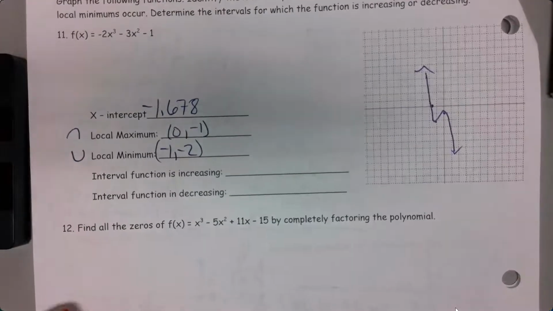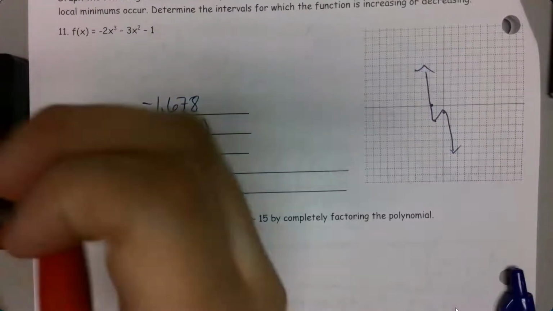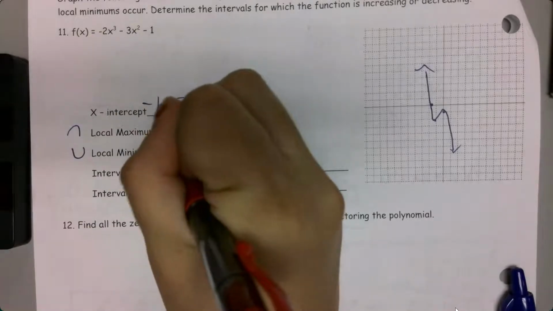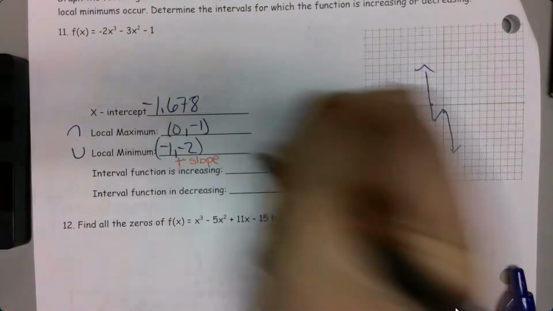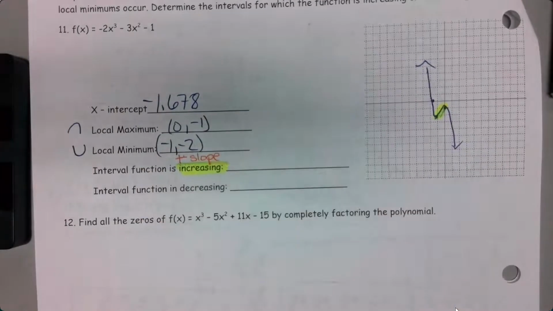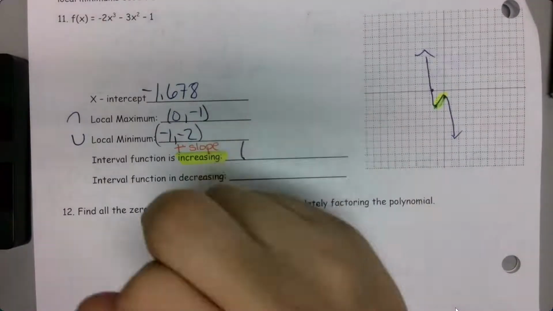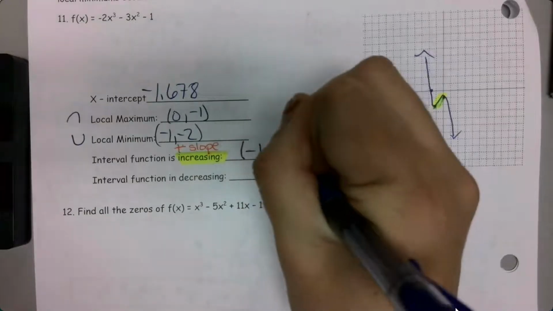Okay, so I want to say my interval where my function is increasing. That means I have a positive slope. That is happening right here. So I write this out in interval notation, just using my x values, that happens between -1 and 0.